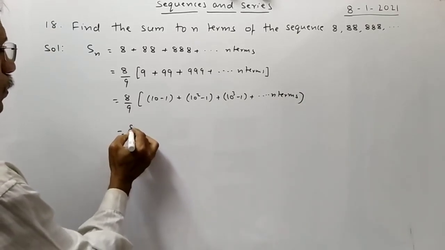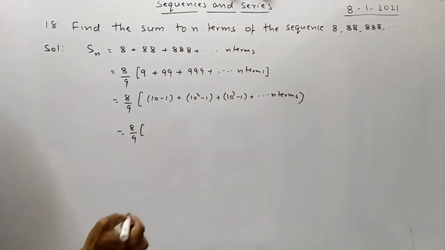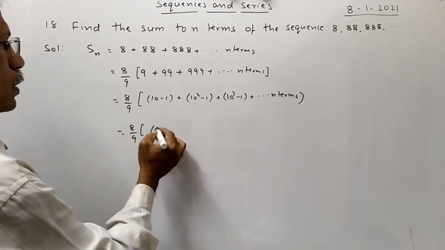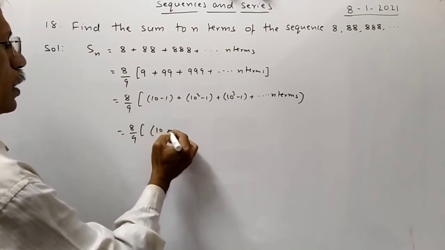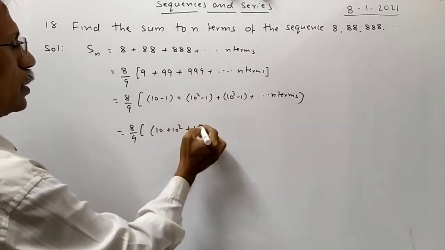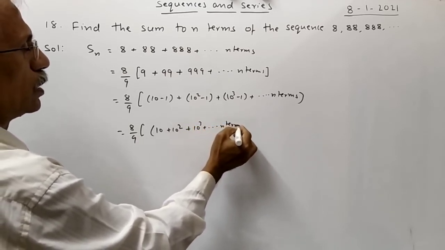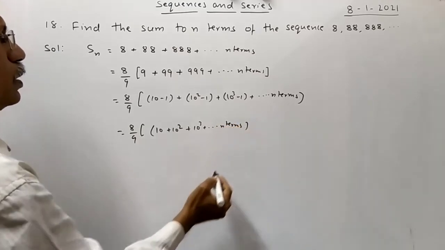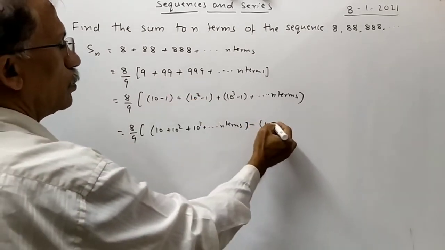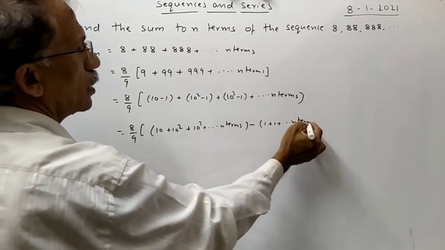Is equal to 8 by 9 into, let us write 10 plus 10 square plus 10 cube plus and so on, n terms, minus 1 plus 1 plus and so on, n terms.